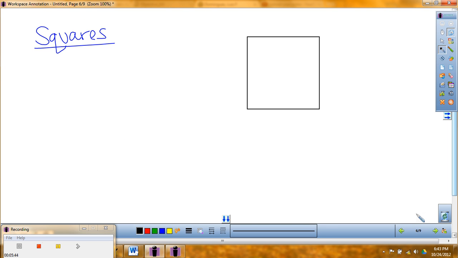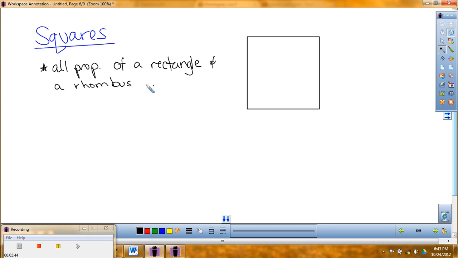Squares. Because squares are at the very bottom of these parallelogram categories, we can say that all properties of a rectangle and a rhombus apply.